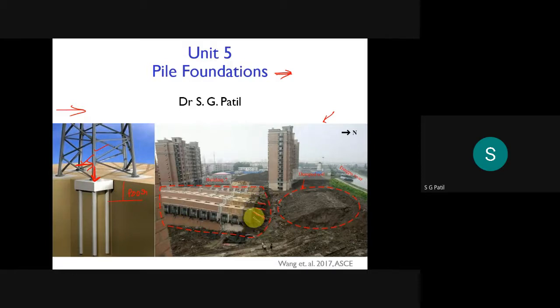All these are pile foundations. What happened was the structure was just built, and within a week or two people had started dwelling in these apartments. Before the apartments were even opened, it collapsed.